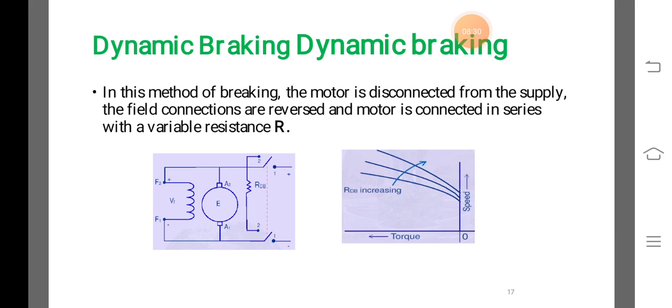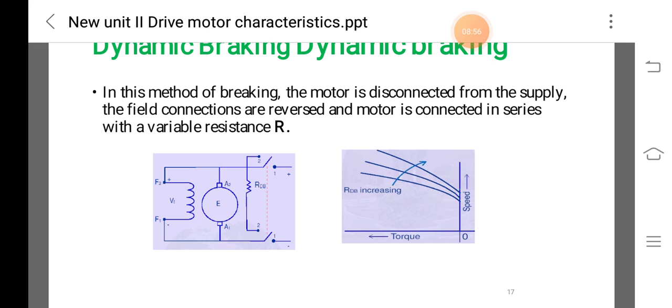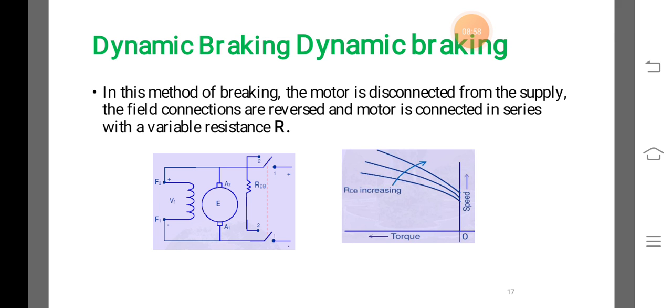This type of braking is used extensively with the control of elevators and hoists and in other applications in which the motor must be started, stopped and reversed frequently. For a shunt motor, flux is constant, so braking torque is proportional to speed.